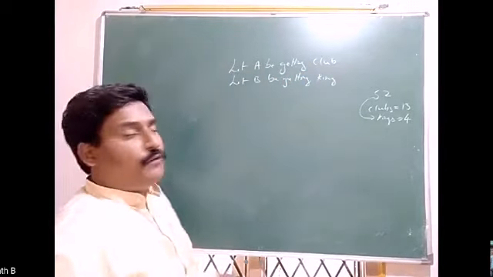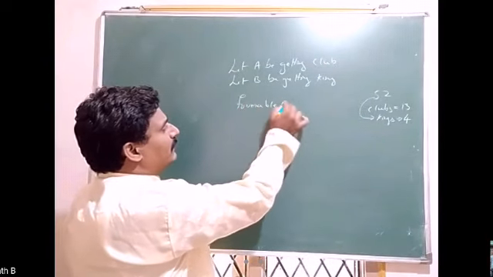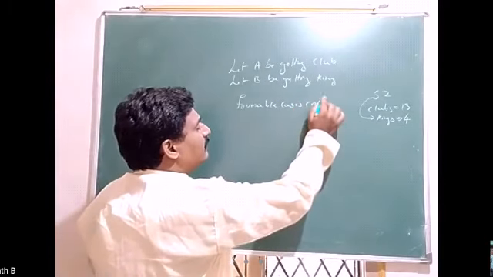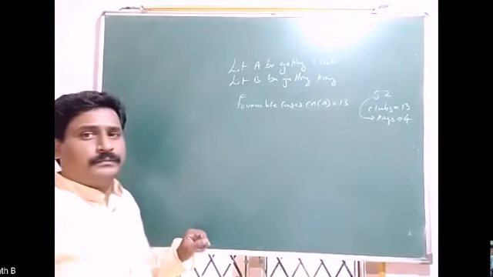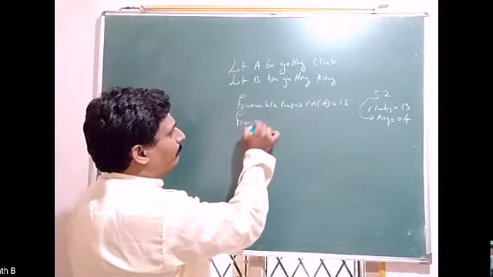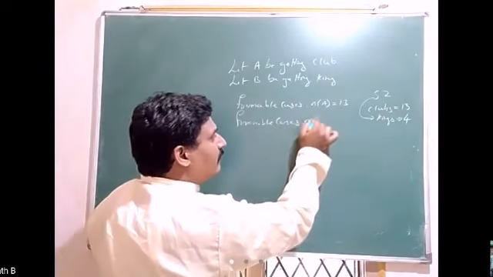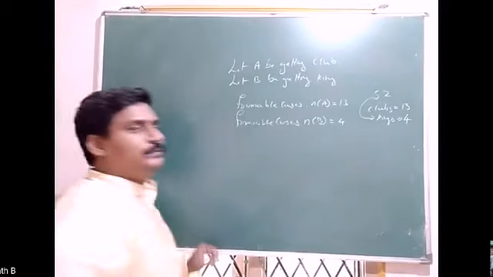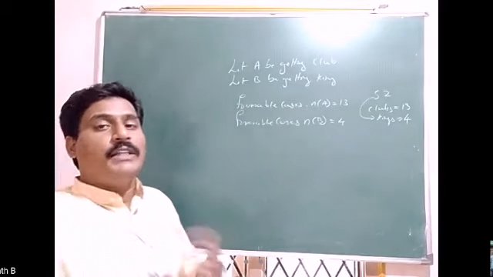Now favorable cases: n of event A is equal to 13. Favorable cases to event B, that is king, is 4. So now what is the common thing here?